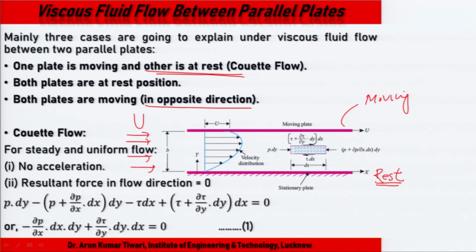Velocity, pressure, all these parameters are constant with respect to time, meaning dv upon dt, dp upon dt, all these equal 0. There is no acceleration, meaning the resultant force in the flow direction equals 0. These are the assumptions we take while deriving the equation.